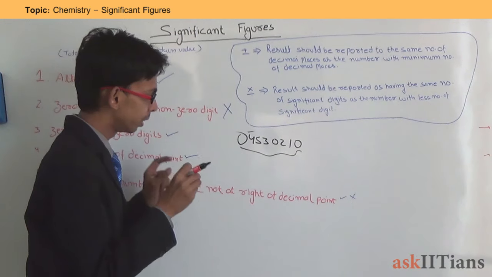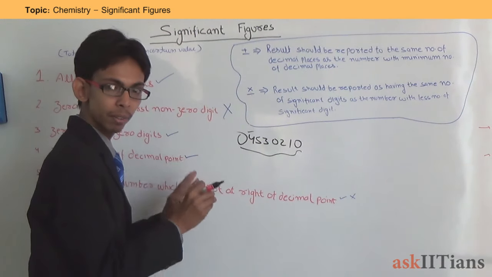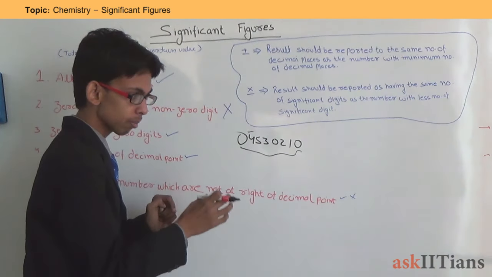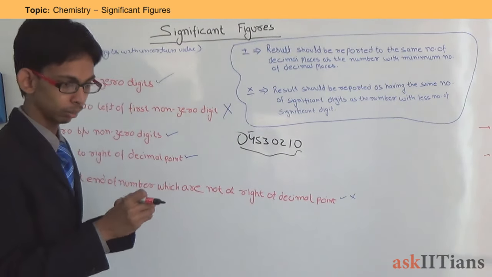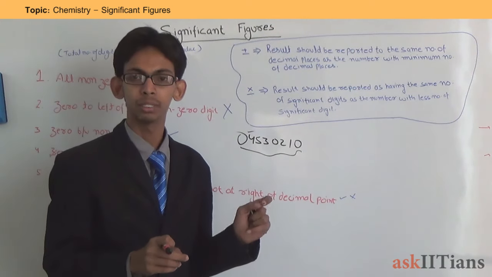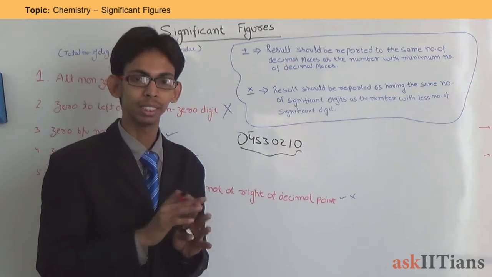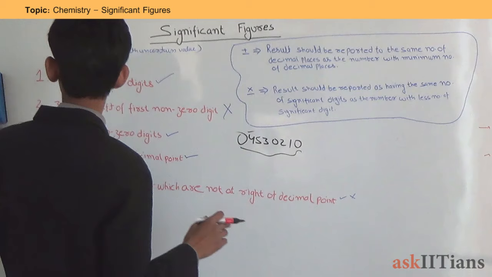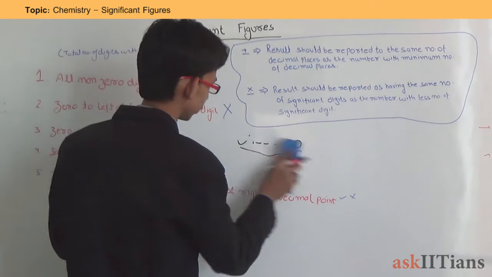That means there are at least 5 significant figures in this number. So in any number, all digits other than 0 will be significant. This was our first point.